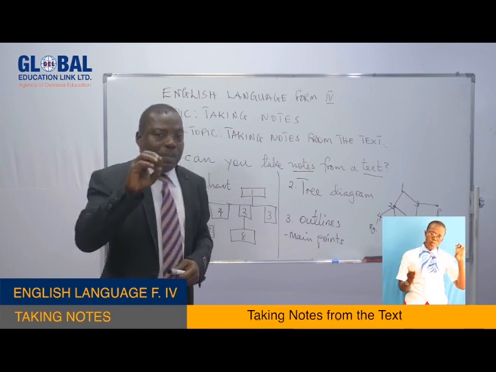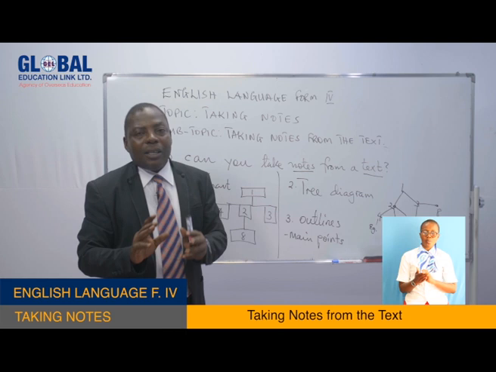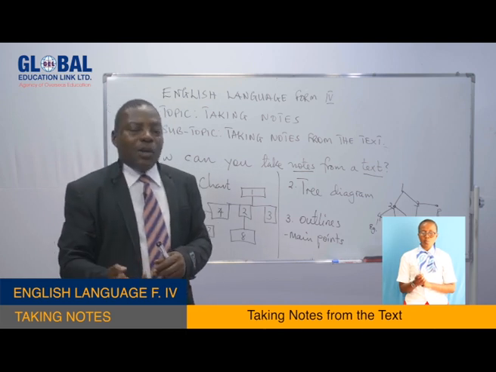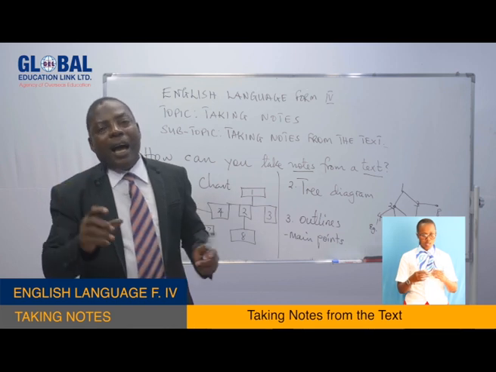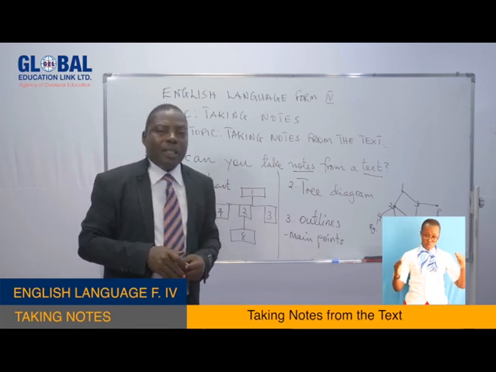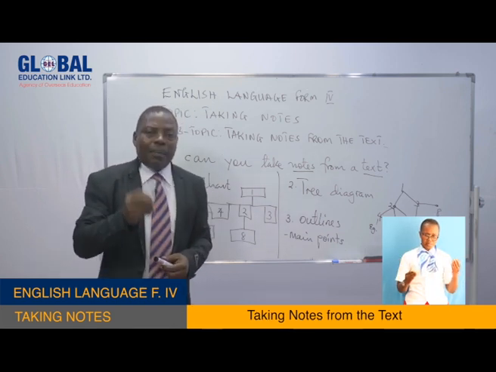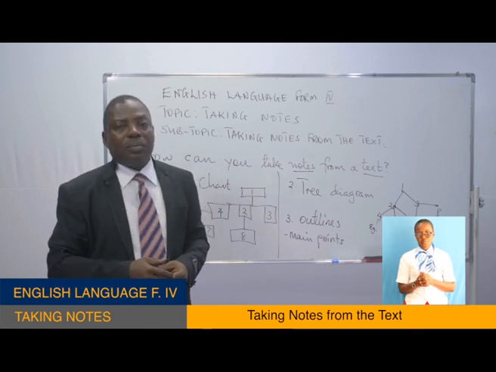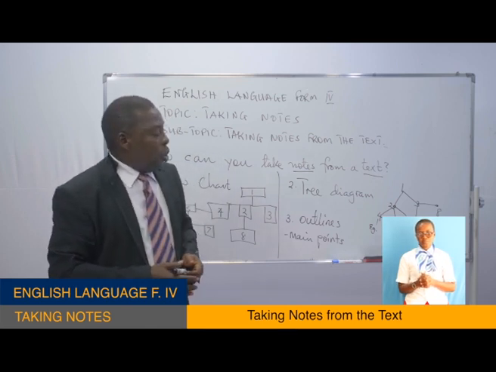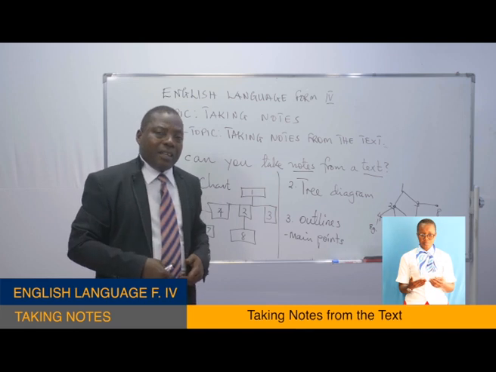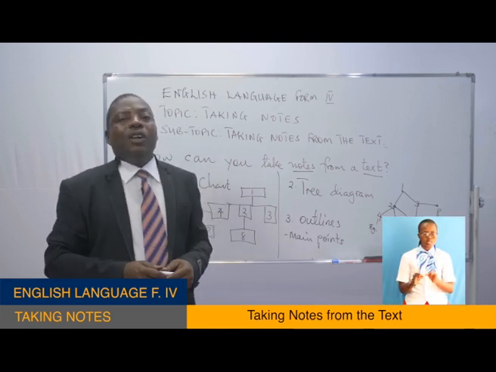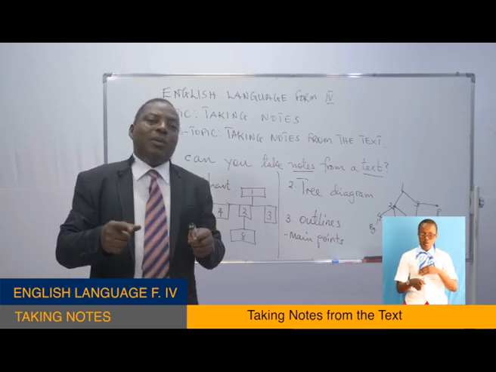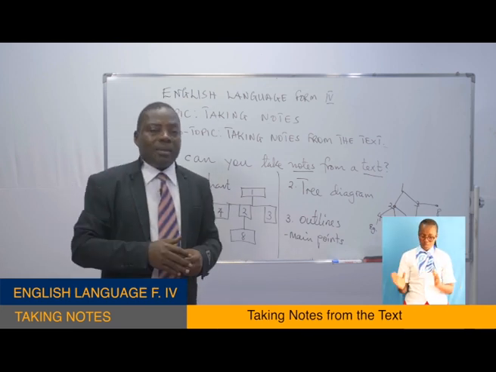Those in black and blue are in small letters, so that you differentiate the main points from the definition and from other information like examples and something of that sort. So your notes, at the end of the day, will be a useful tool for you to make revision as you are preparing yourself for exams.